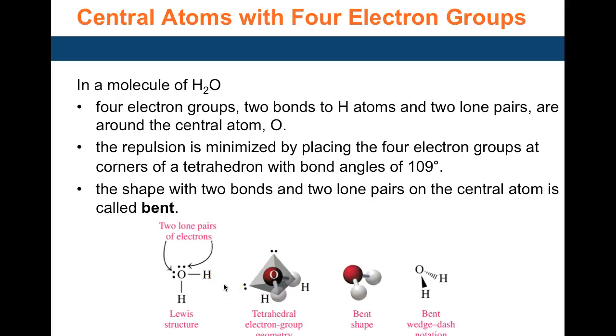Now in water, you have two bonds and then the two lone pairs. So again, around oxygen, you have 1, 2, 3, and 4 electron groups. However, 2 are bonds and 2 are lone pairs, all right? So again, the space occupied by the lone pairs is going to be even more, and they push down even more on the bonded electron pairs.